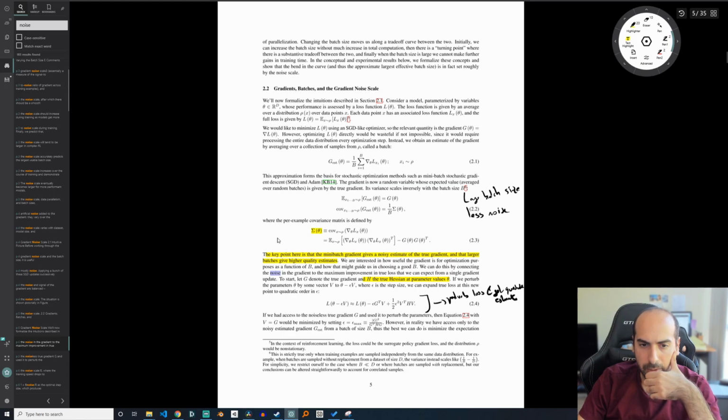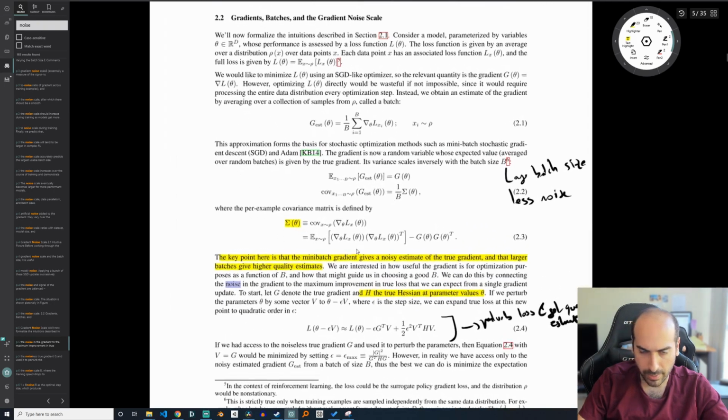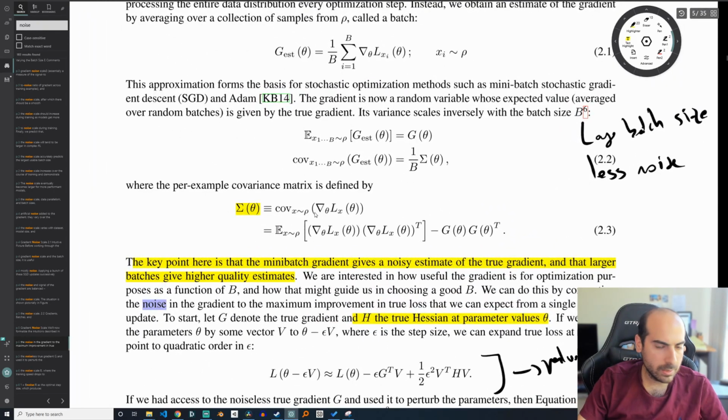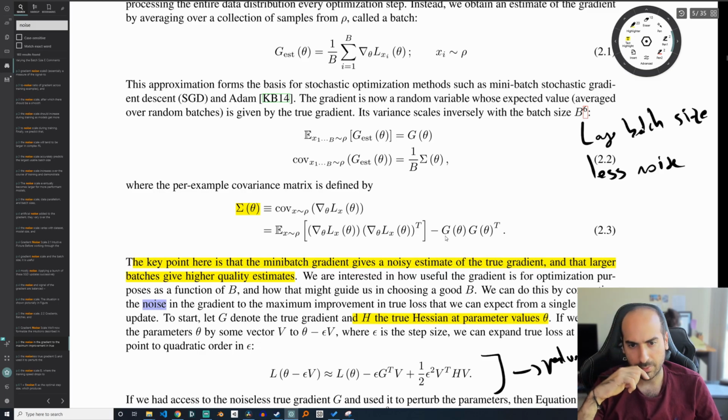the per example covariance matrix is defined as, okay. So it's the gradient of the loss with respect to some parameters. Okay. And then to get the covariance of this thing, you take the expected value of the product minus the square of g, or the magnitude of the gradients.